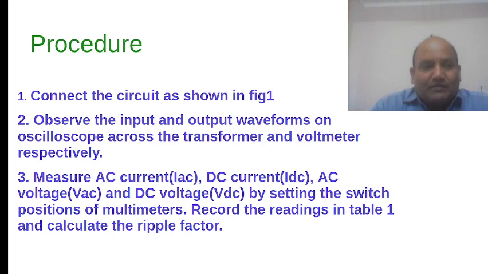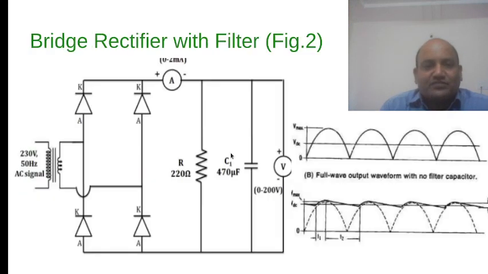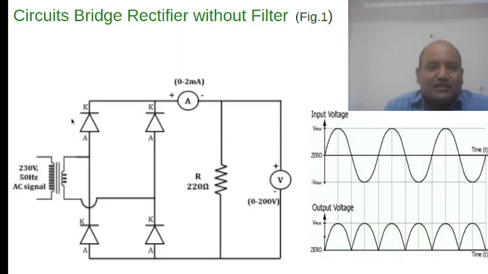Now I will not go into much detail about this. I will tell you only how to proceed with the experiment and how you can perform it. First, connect the circuit as per the figure. This is the experiment of the bridge rectifier without filter.